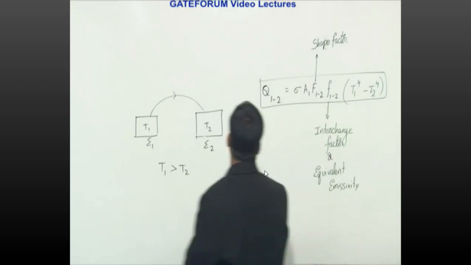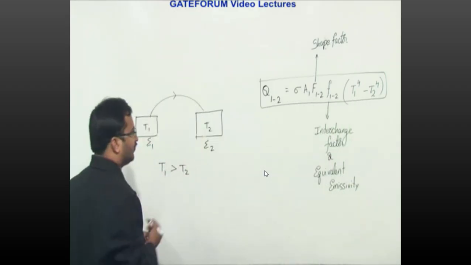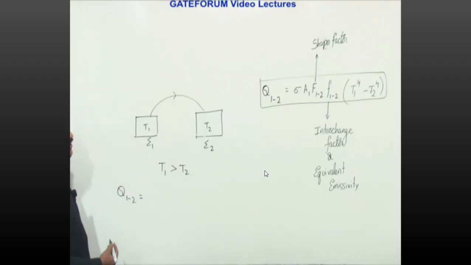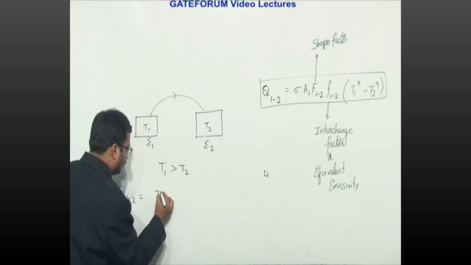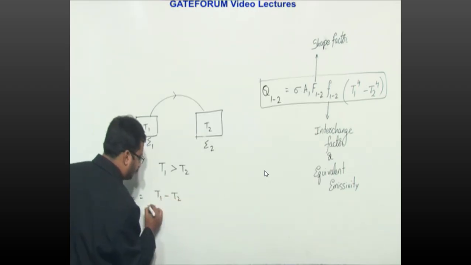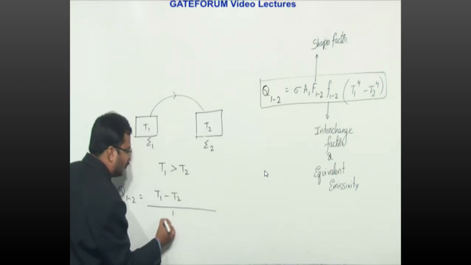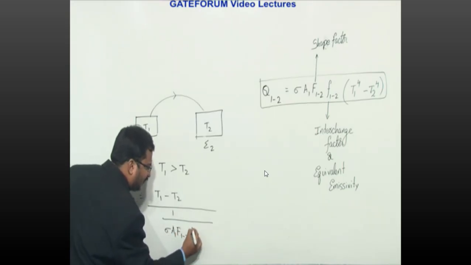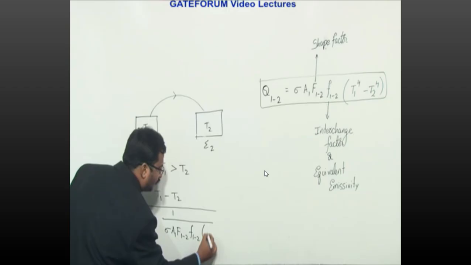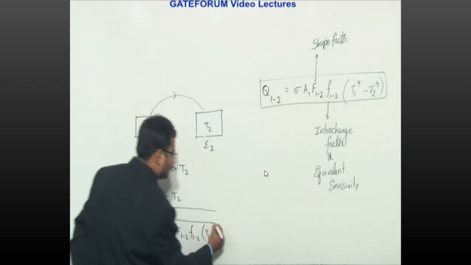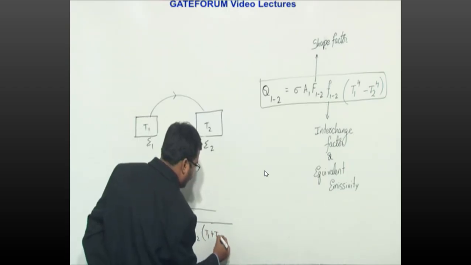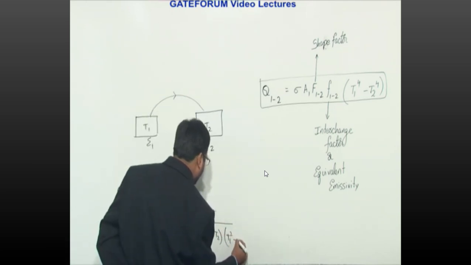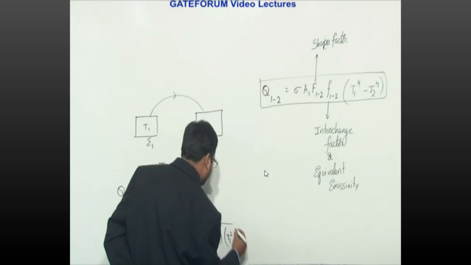Now this same formula we can write in this fashion: Q1 to 2 is equal to (T1 minus T2) divided by 1 by sigma A1 F1 to 2 f1 to 2 into (T1 plus T2) multiplied by (T1 square plus T2 square).